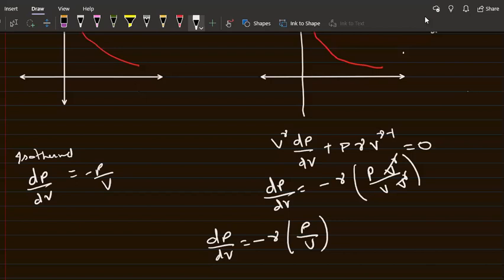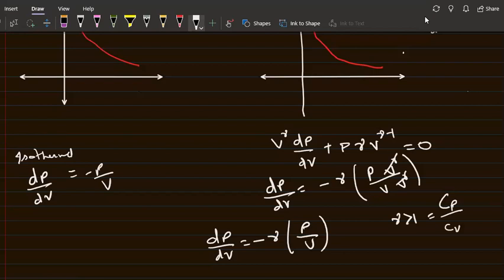Tell me, whose slope is greater, adiabatic or isothermal? Because gamma is always greater than 1, because it is Cp by Cv, and Cp is always greater than Cv.